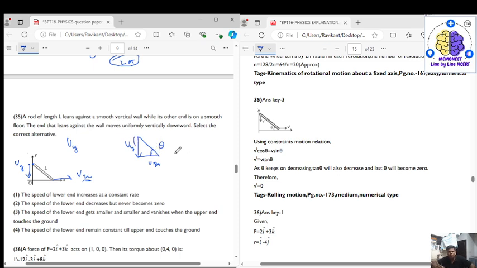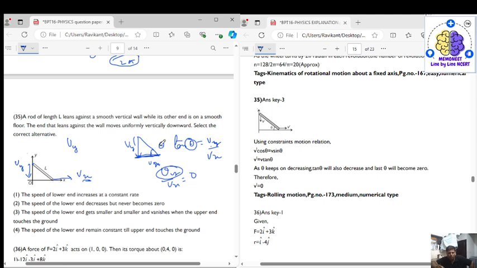So if we calculate theta, we will get tan theta is equal to Vx, sorry, Vy upon Vx, right? So when the rod is horizontal, theta is equal to 0 degrees. Now when theta is 0 degrees, it means tan theta is 0. It means Vy upon Vx is equal to 0. It means finally Vy becomes 0.